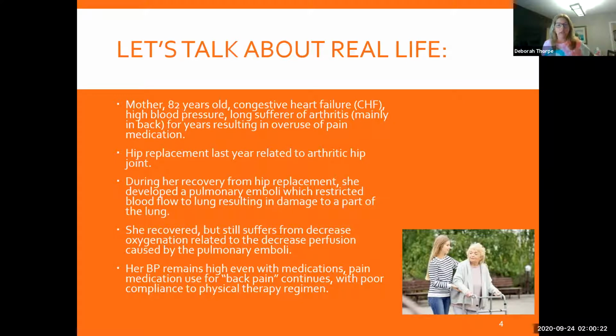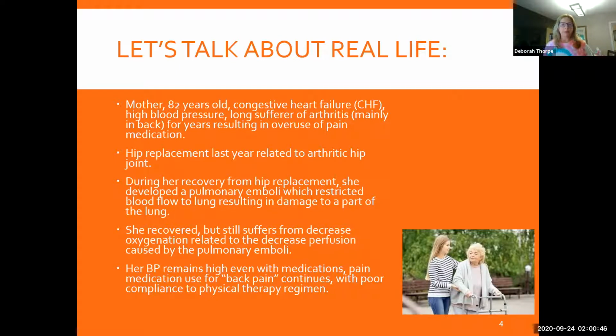And during her recovery, she ended up developing a pulmonary emboli, which restricted the blood flow to her lungs, resulting in damage to part of the lung. She recovered, but still suffers from decreased oxygenation, which is related to decreased perfusion, which was caused by the pulmonary emboli.